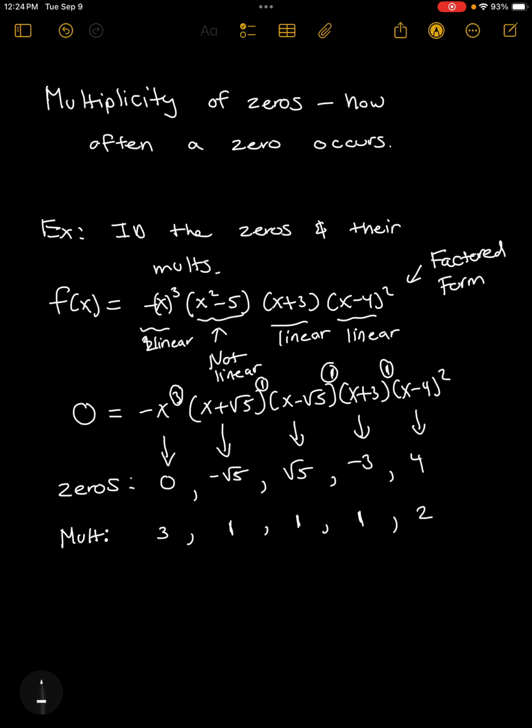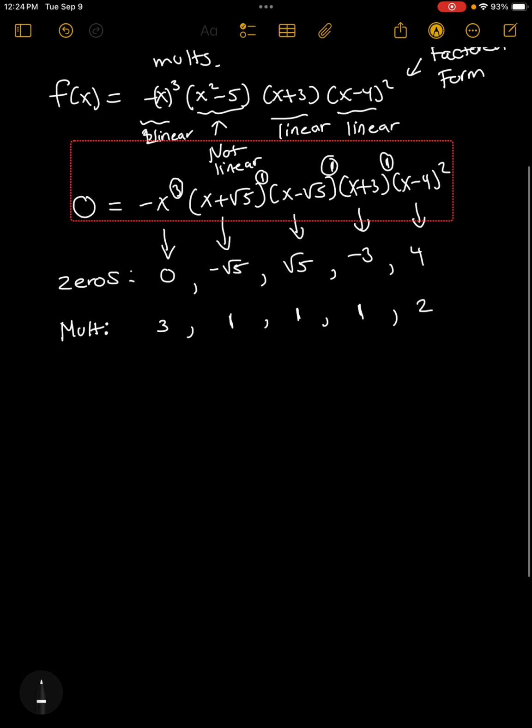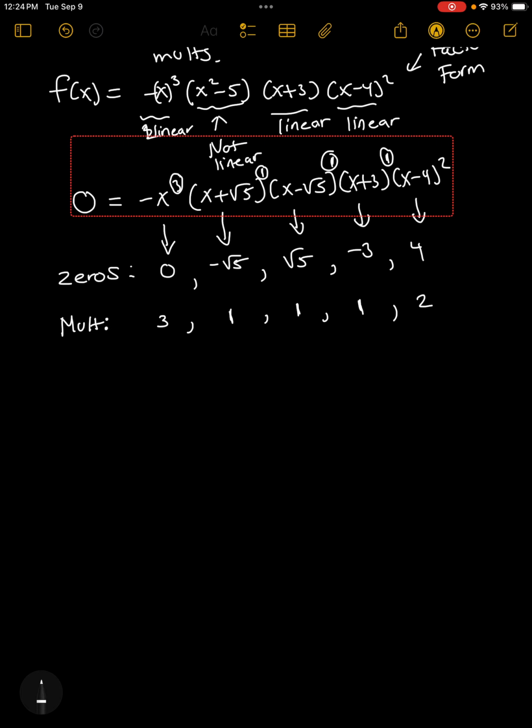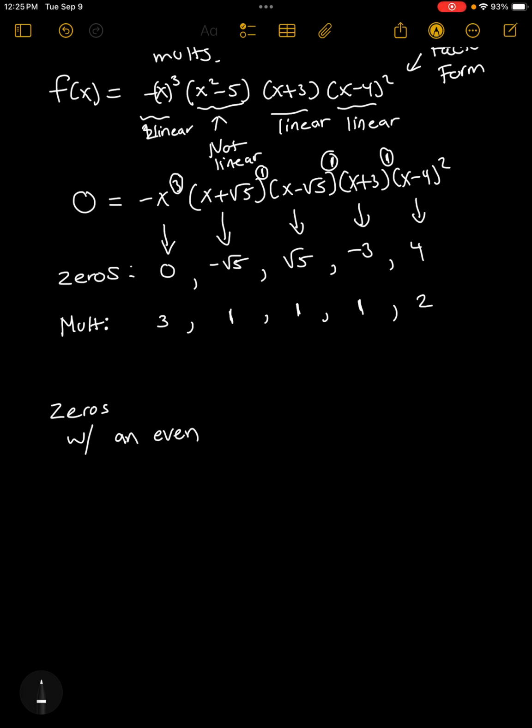But more importantly, the multiplicity tells you what is happening at the x-axis when you sketch it. Zeros with an even multiplicity bounce at the x-axis.